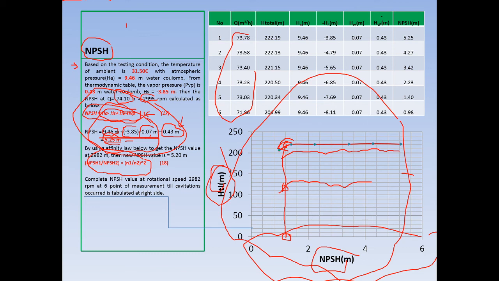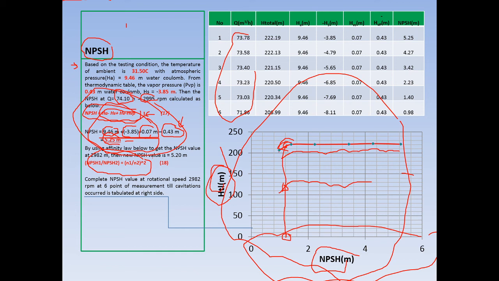Then you compare to your design NPSH available. NPSH available is easily formulated, to make it easier and faster: the atmospheric pressure of the given environment, let's say your plant at sea level, minus the distance of the pump to the reservoir.